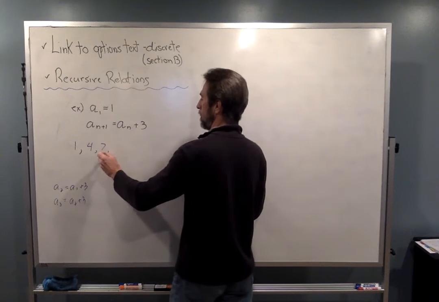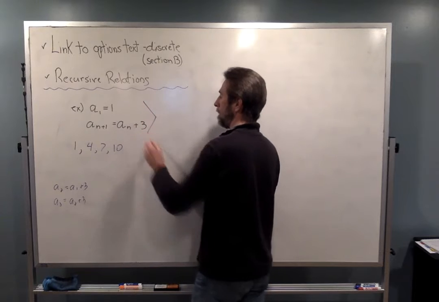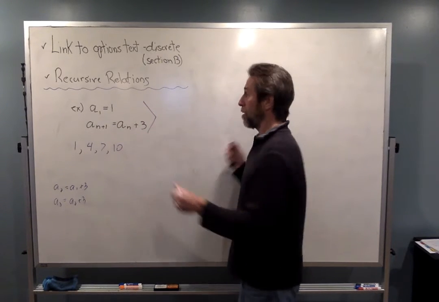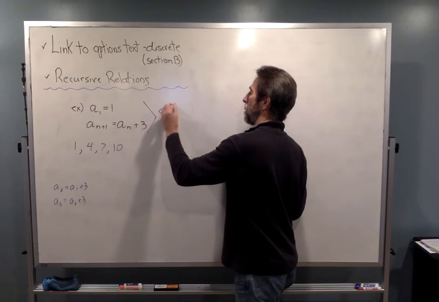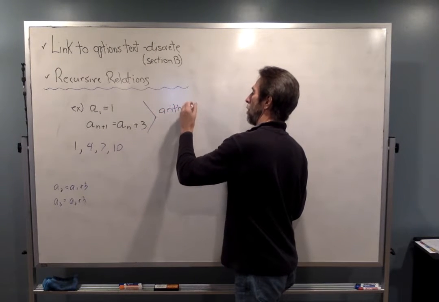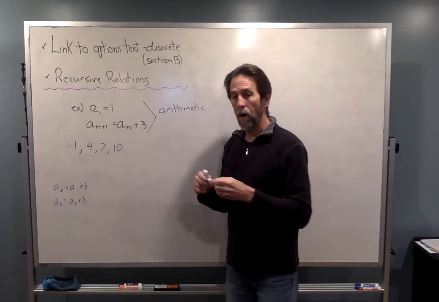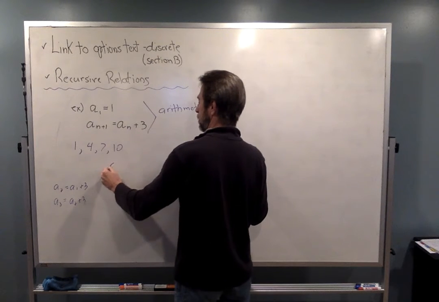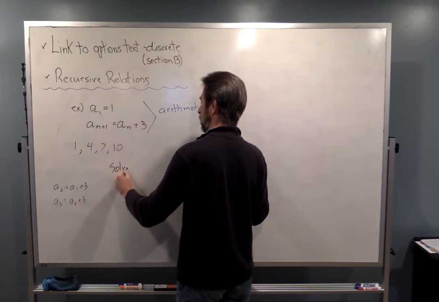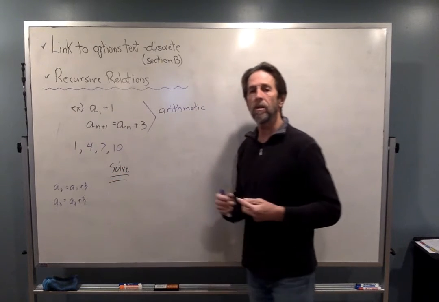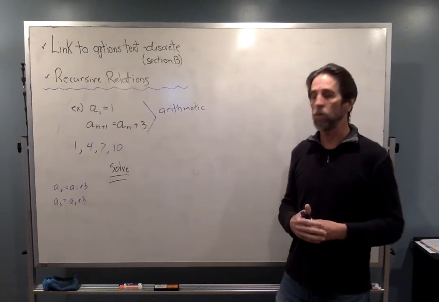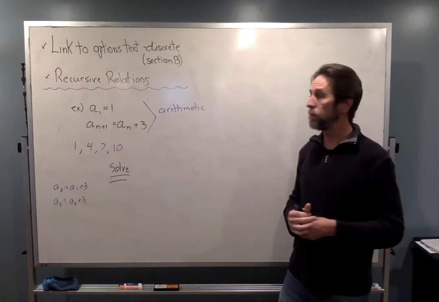So this is really just a fancy way of writing a certain type of sequence that we know, and it's called an arithmetic sequence. Now, in order to solve a recursive relation, what we basically want to do is to find the closed-end or the general solution.